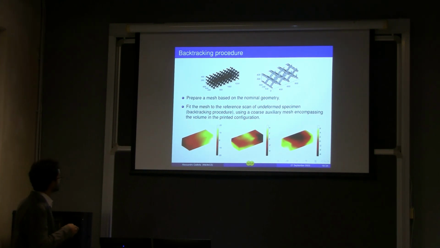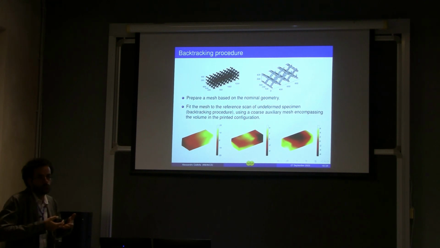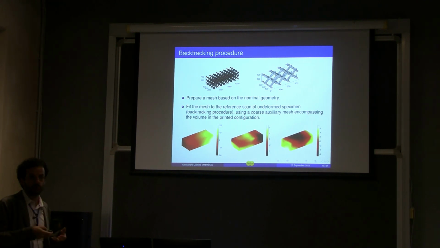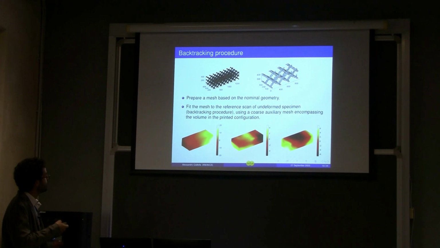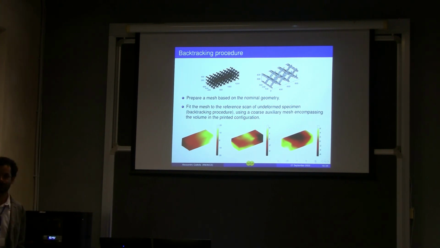So here we can see that there is displacement: the reference scan of the specimen with respect to the nominal geometry is elongated in the longitudinal direction, and is a little bit U-shaped in the vertical direction due to the presence of gaps in the pivots and the gravity load.